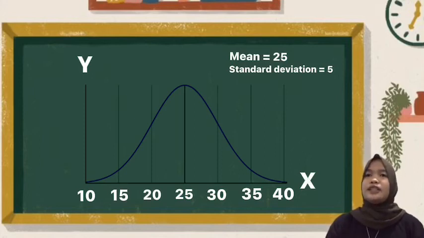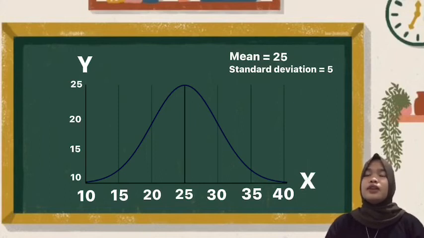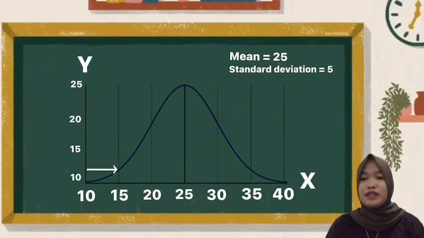Now, the 10, 15, 20, 25, 30 are the scores. And then, let us put here the frequency of the students. For example, 5, 10, 15, 20, and so on. Now, you can see here, the 15, kunwari, may 13 students na nakakuha ng 15 na score.